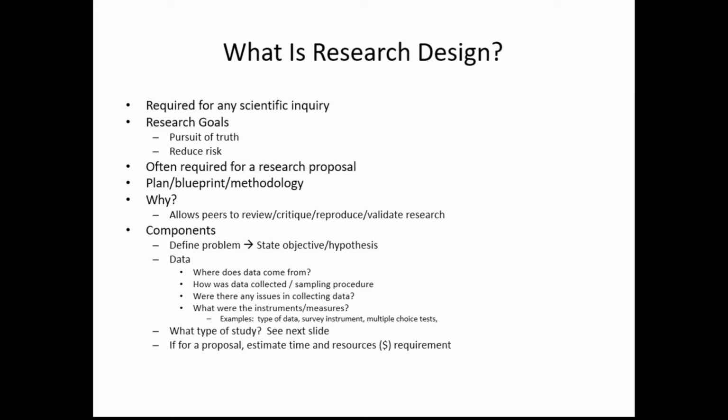That's the difference between science and magic. If someone else can't reproduce it, then it's not very good research. We are certainly looking for the pursuit of truth. It minimizes effort and risk when you have good research design.